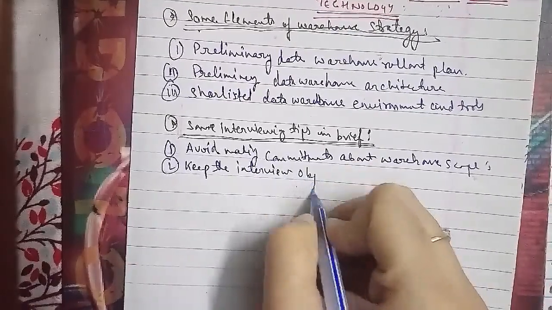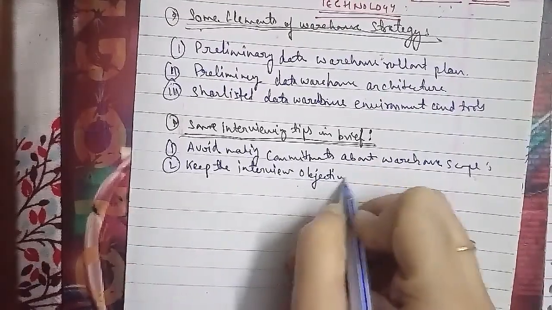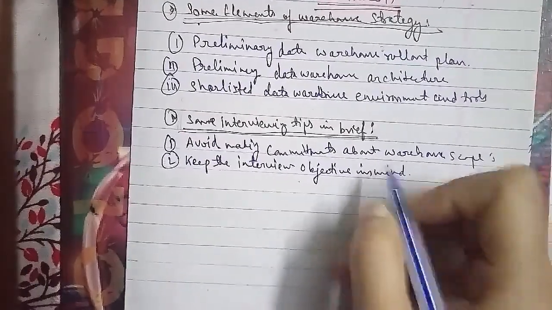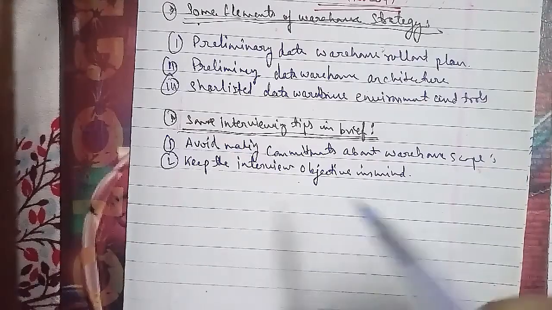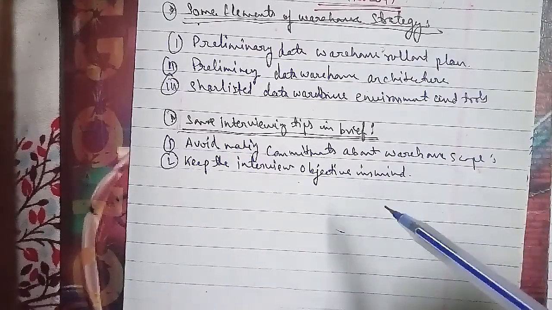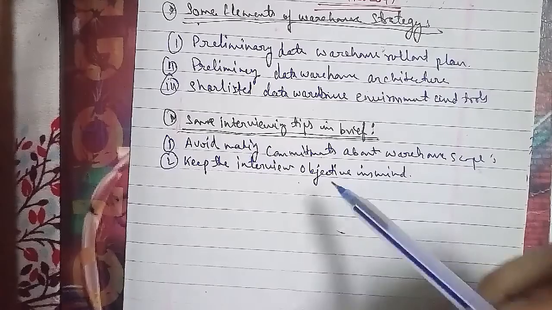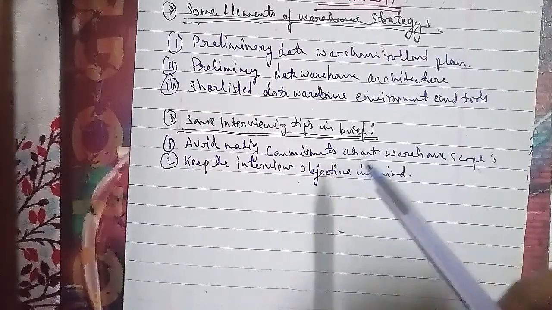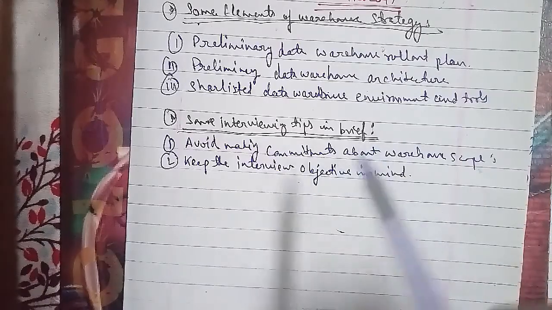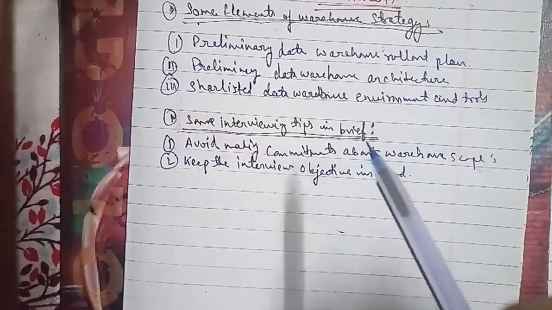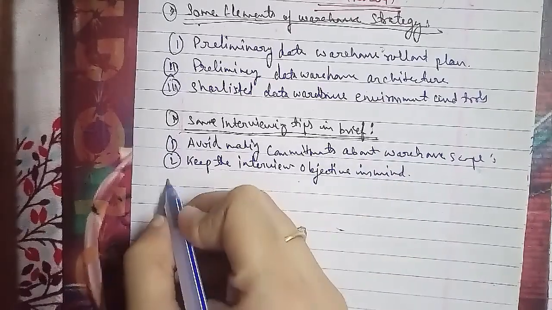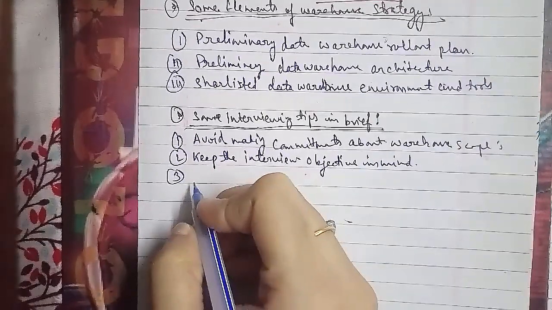The third we have here is do not overwhelm the interviewees. This means the interviewing team should be small, and two people are the ideal number, one to ask questions and another to take notes.